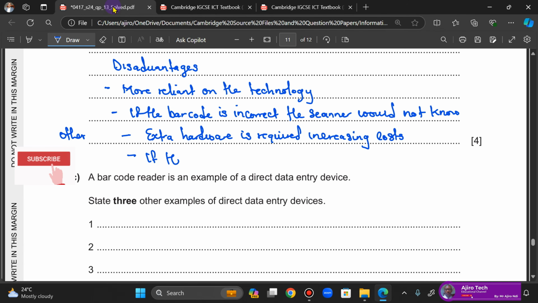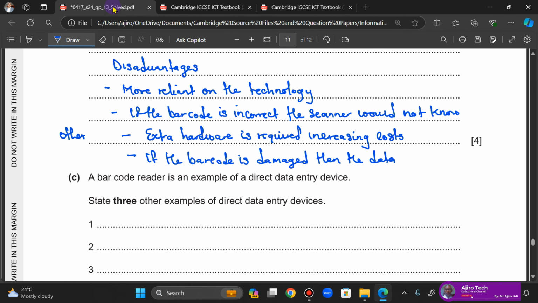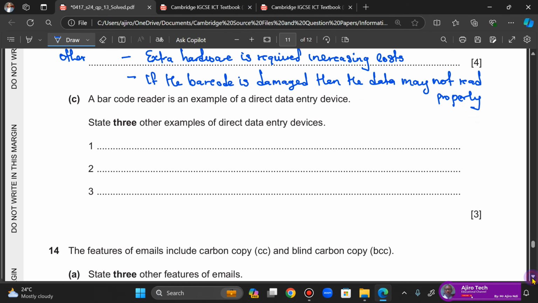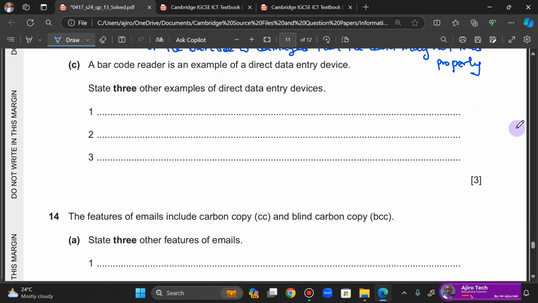That's another one. If the barcode is damaged, then the data may not read properly, which is a problem. So this is very important. Which is very, very important.